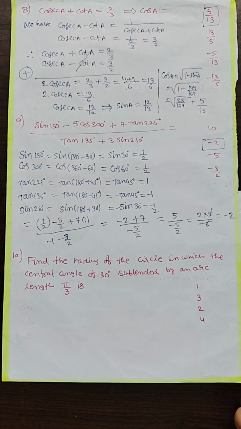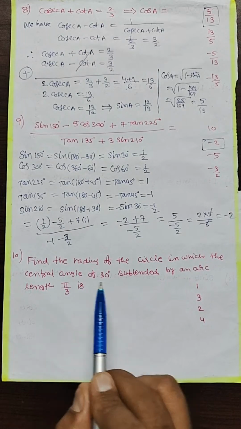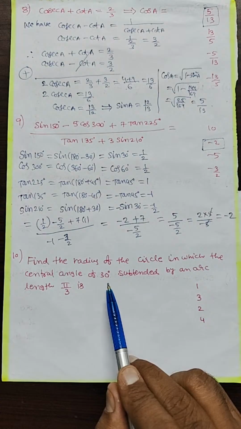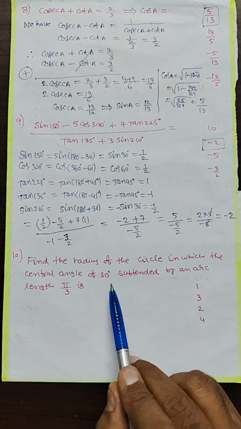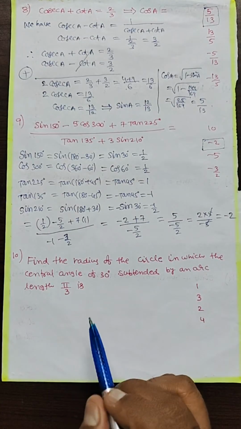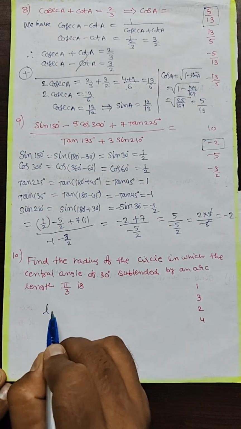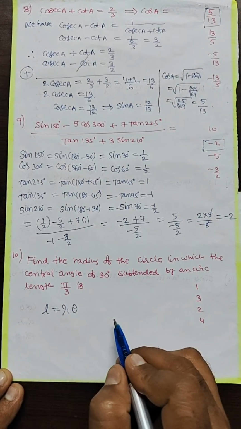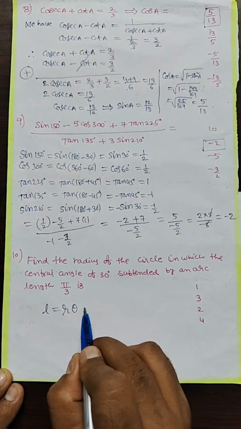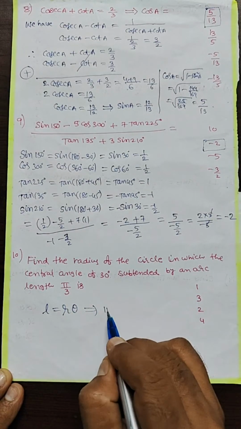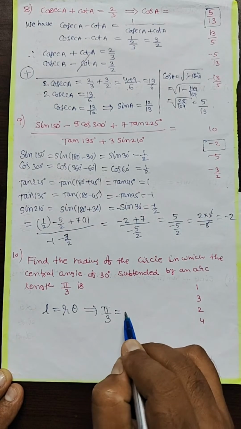Yeah, next the question is, find the radius of the circle in which the central angle of 30 degrees is subtended by an arc of length pi by 3. So we know the formula L is equal to r theta. L is equal to r theta. So the length L is pi by 3. R value we don't know.